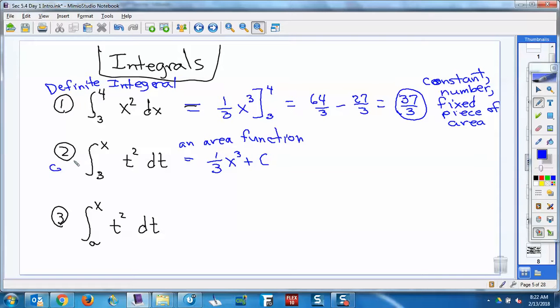Give this a name, call it g. So g of 3 would equal 0. In other words, plug in a 3. You don't have to call it g. This is the one where we plug in a 3, and we're going to get 0, right? So 3 cubed is 27, divided by 3 is 9. 9 plus c equals 0, so c equals -9. So this is 1/3 x cubed minus 9.